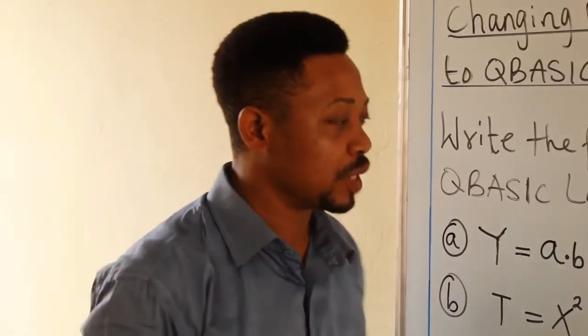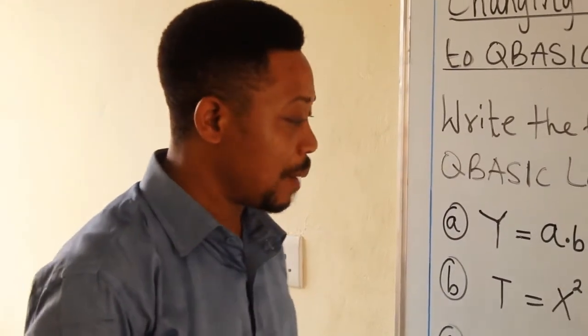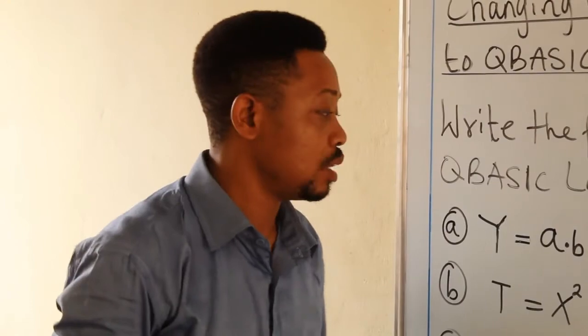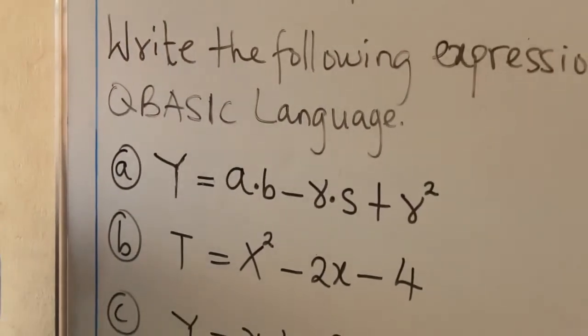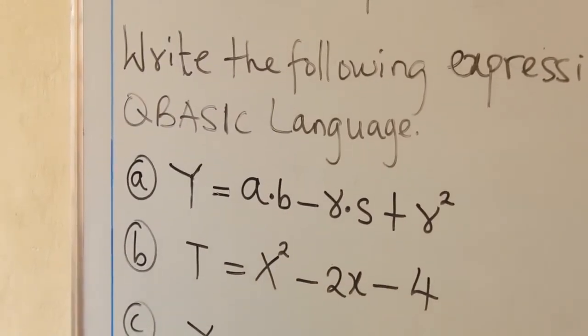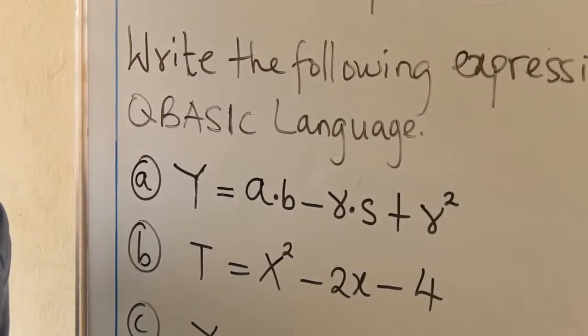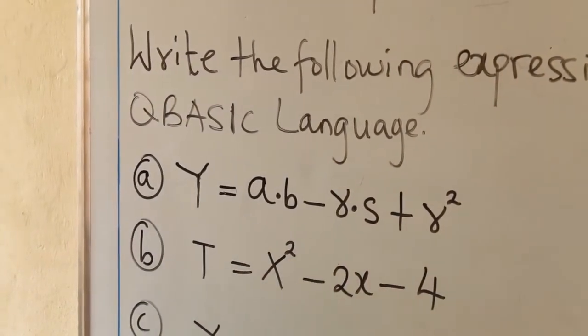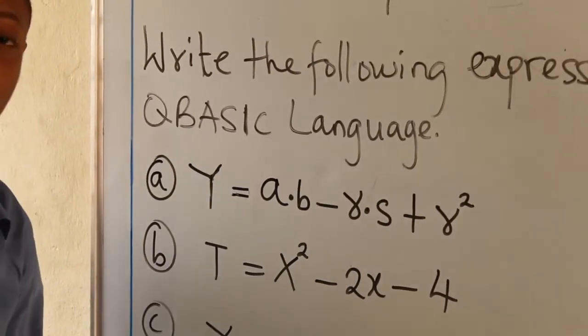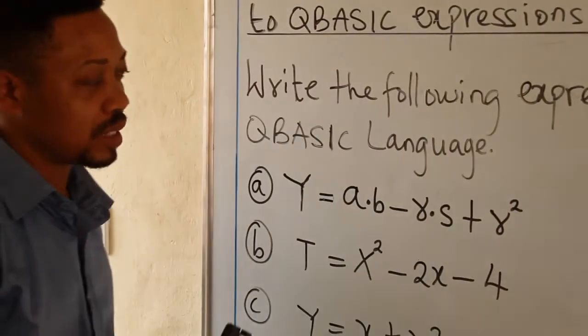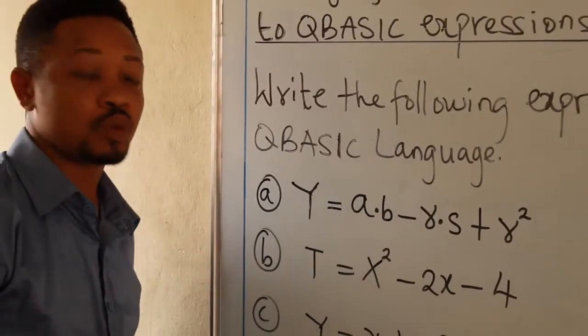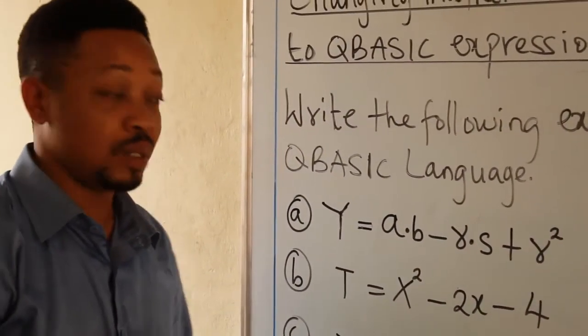So if you look at this, you will see that they are mathematical expressions. The first one is y equal to a dot b. You will agree with me that in mathematics, a dot b is the same as a times b. You can use dot to represent multiplication in mathematics. And then you have a arrow dot s, which also is multiplication in mathematics.